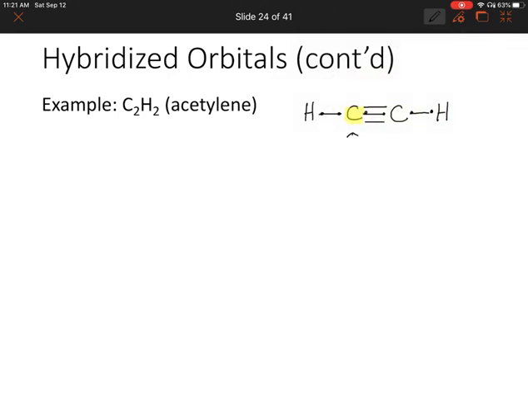So we've got a steric number of 2. So now is that sp hybridized, sp2 hybridized, or sp3 hybridized? It's sp hybridized. Great. Okay, so now let's also compare energy orbital diagrams here for the unhybridized carbon versus the hybridized carbon.